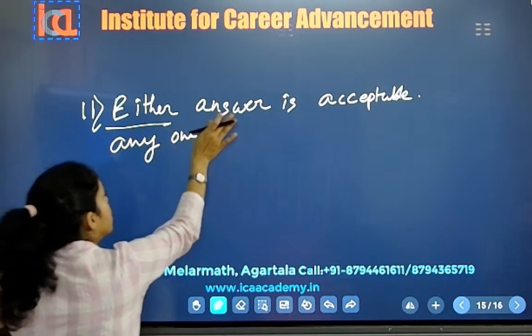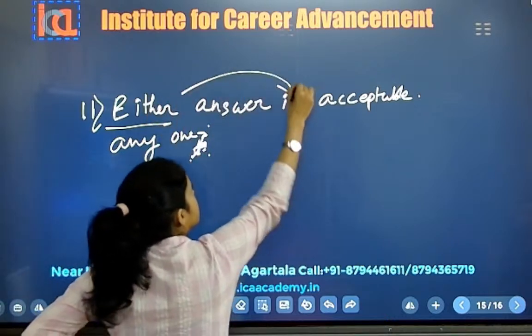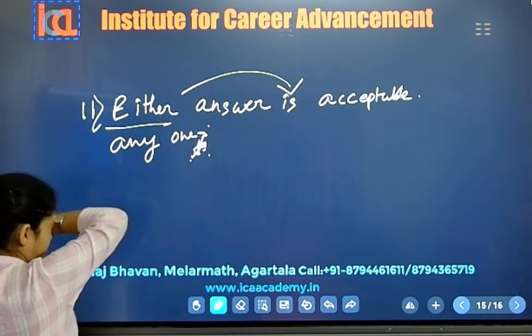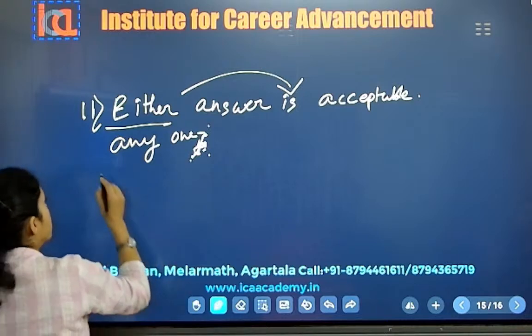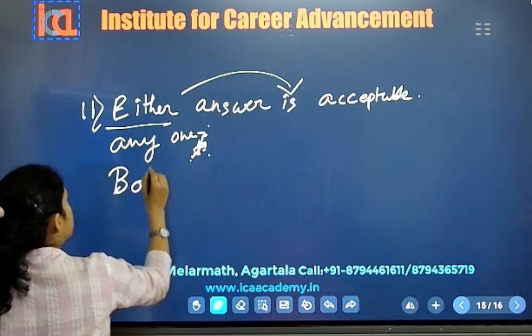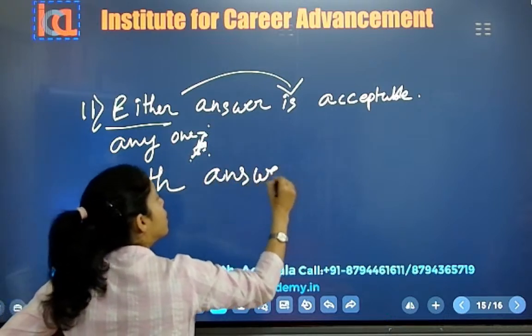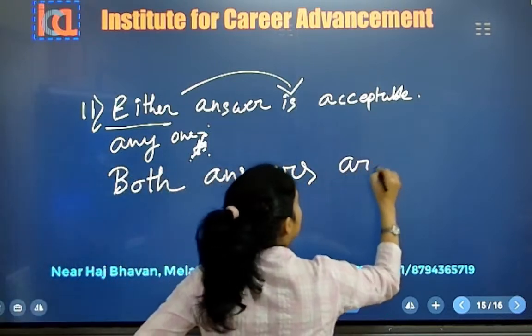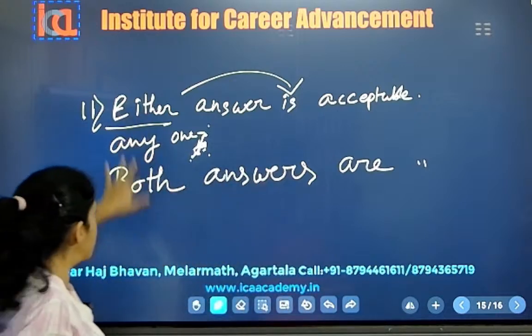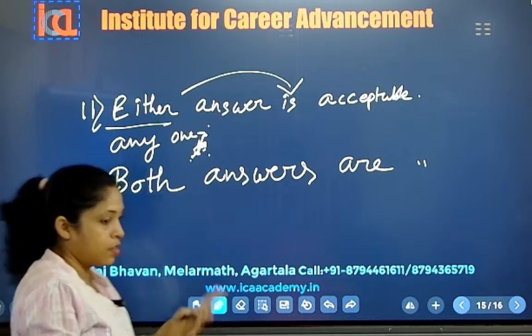So whenever either is used, any singular verb, is, will be used. If I use both, then the sentence would be different: both answers are acceptable. Understood the difference between either and both? Either means anyone, both means all.